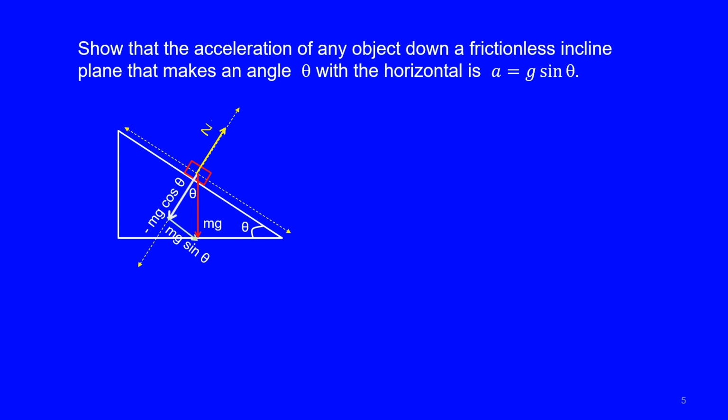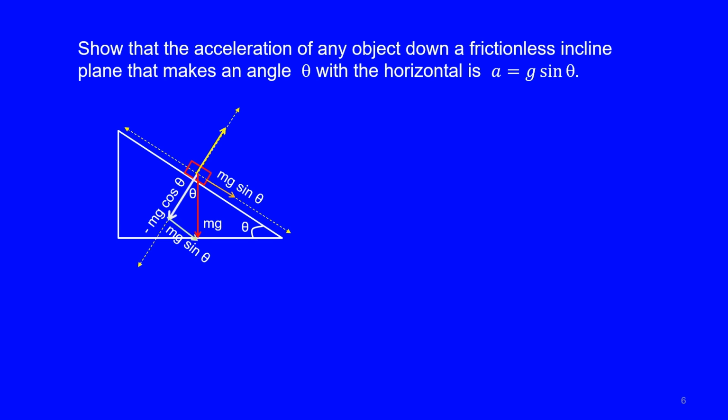Normal force is opposite to mg cos theta, therefore it's going to be positive mg cos theta. Now the two of them cancel one another. There is no motion in a vertical direction, so the only motion we have is along the inclined plane, with the frictionless surface. That's equal to mg sin theta.